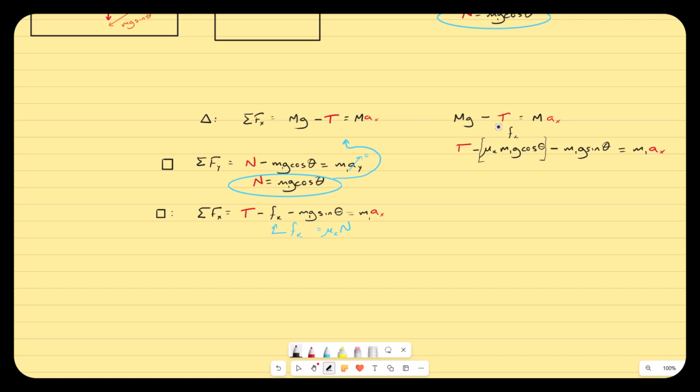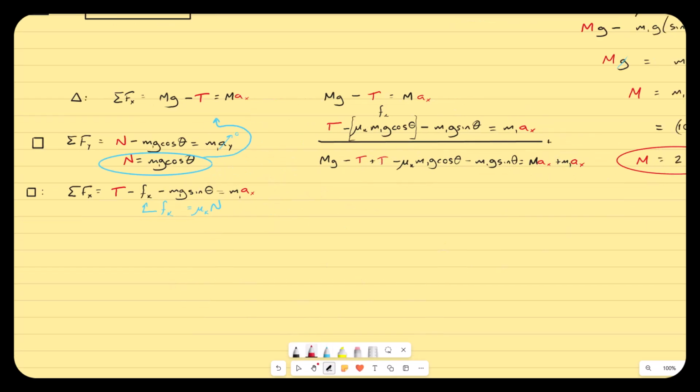I'm going to do the same thing I've done a bunch of times. I've got T and A as two equations, two unknowns. I'm going to take these equations and add them together. mg minus T plus T, that's pretty promising, minus mu k m1g cos theta minus m1g sine theta equals m times A plus T. I've got a minus T and a plus T. Those can cancel.